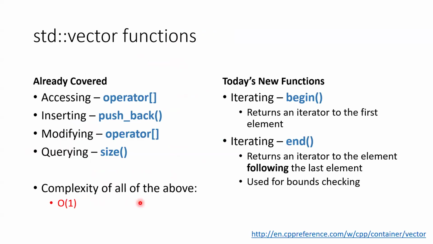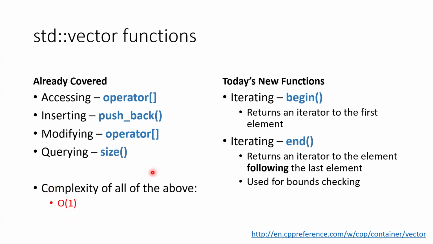Now let's use vector as an example. We have already seen that we are able to access and modify any element in the vector using the operator square brackets and the index. We can insert a new element into it using push_back. We can query the size of the vector. All of the above have O(1) complexity.